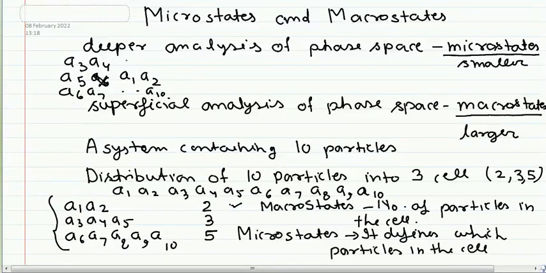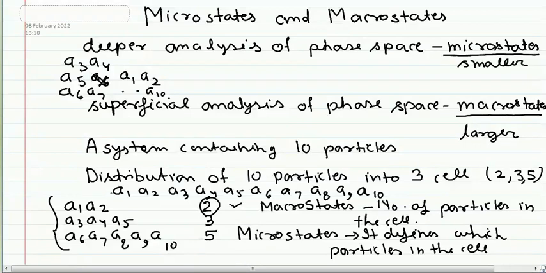So the macrostate will remain the same, because how do we define the macrostates? We define the macrostates as the number of particles in the cell. So in this particular macrostate, there are 2 particles. It doesn't have any effect whether these particles are A1, A2 or A3, A4.